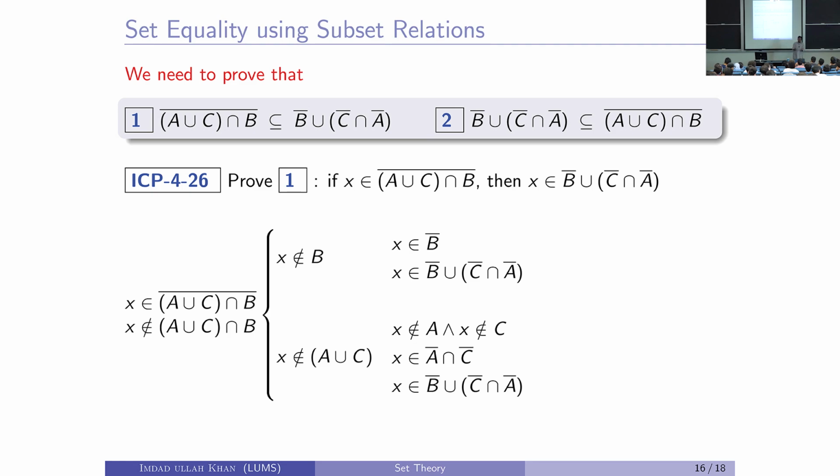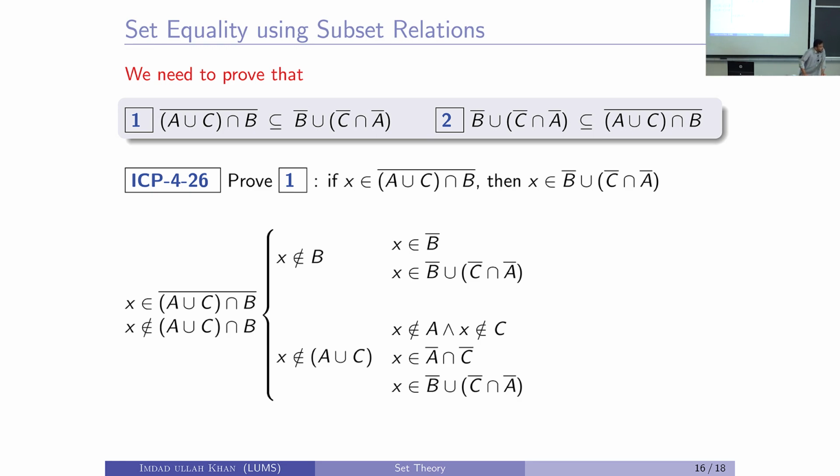What if that is not the case? What if X is actually in B? What if X is in B, but because of this it was thrown out of the intersection, right? So let's say X is not in A union C. Again by definition, what do we know? What does it mean X is not in A union C?